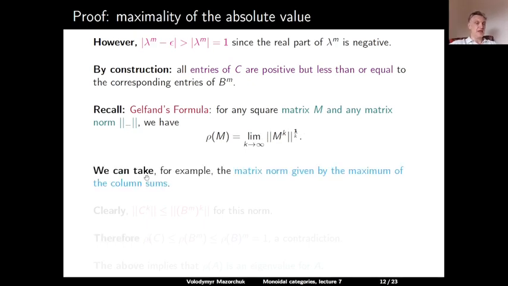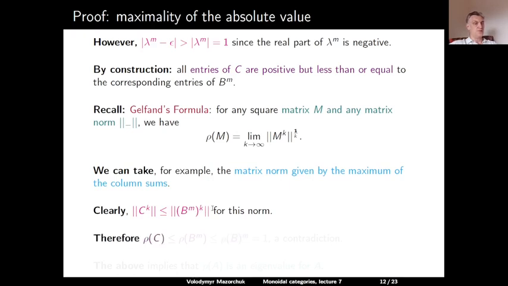So now we can take, for example, the matrix norm given by the maximum of the column sums. For this matrix norm, it is obvious from the definition, since all entries of C are bounded by the corresponding entries of B to the power m, that the norm of C to the power k will be bounded by the norm of B to the power m to the power k.